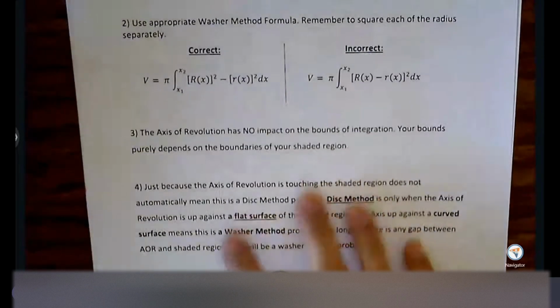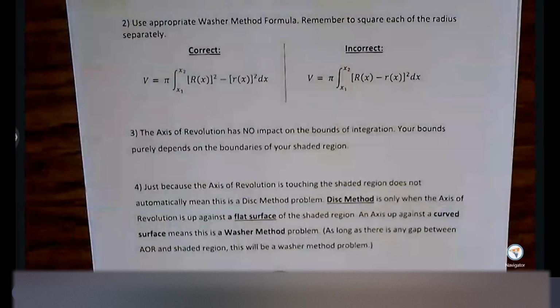Your axis of revolution has no role. It plays no impact on the bounds of integration. Your bounds are purely dependent on the boundaries of your shaded region. Your object may be a lot larger because your axis is all the way out. And whether it's disk method or washer method or area, we find bounds the same way. We just look at the shaded region.